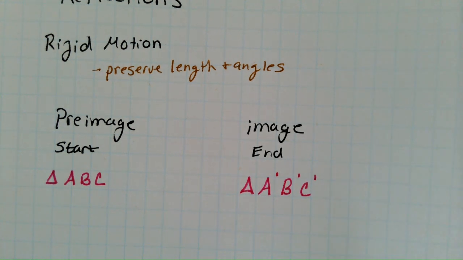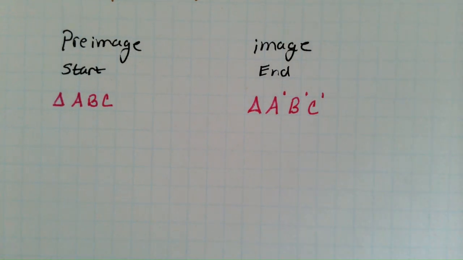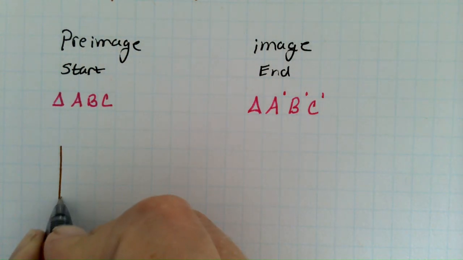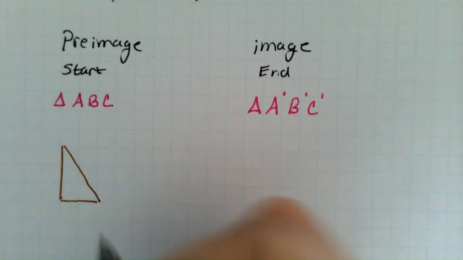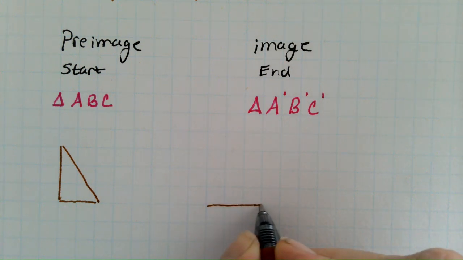Okay. So you might see a pre-image. Here's a triangle, right? 1, 2, 3. And the image is 1, 2, 3.